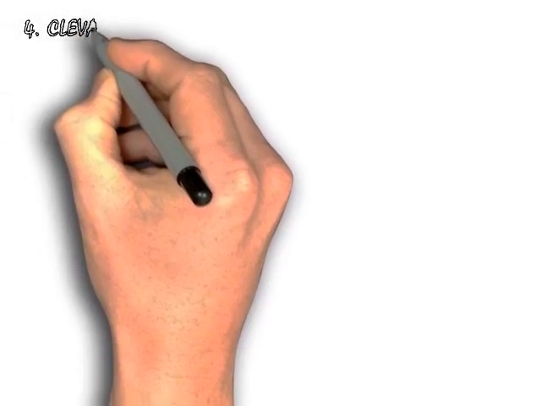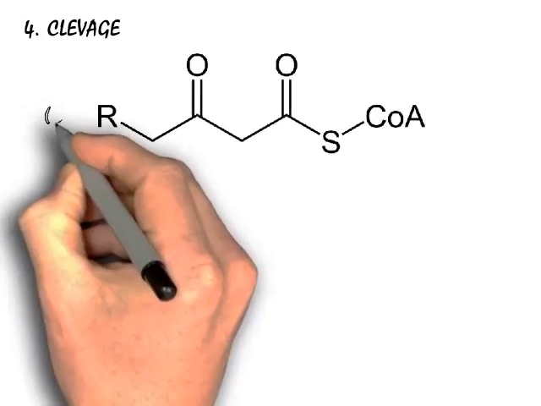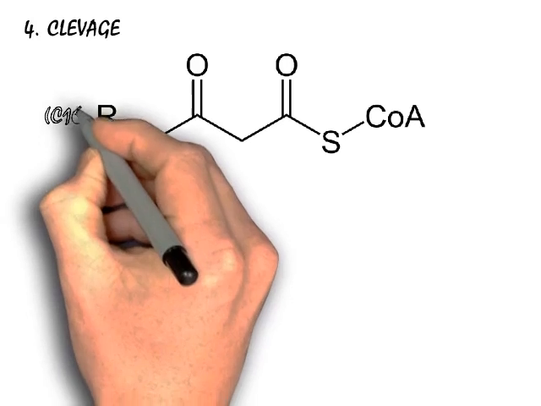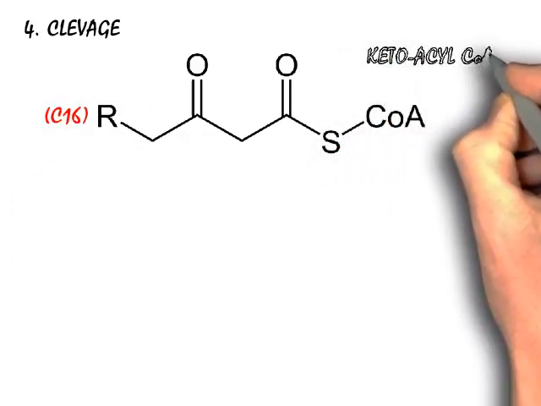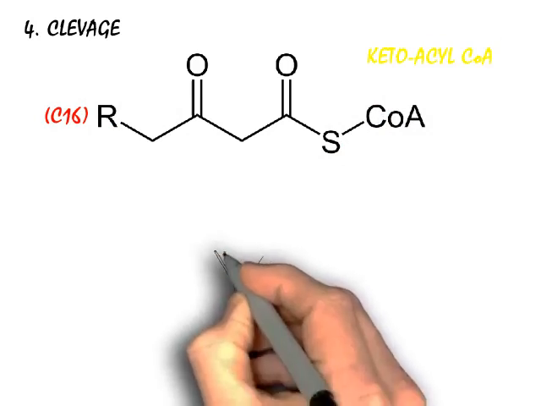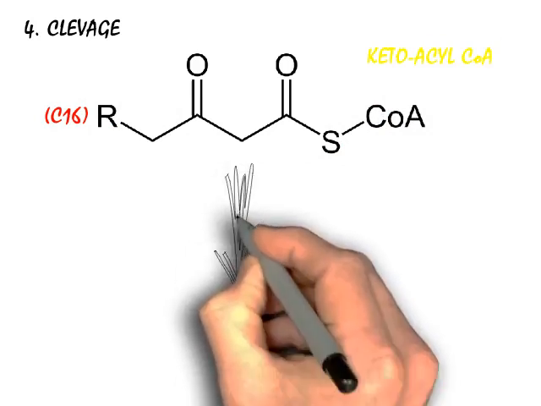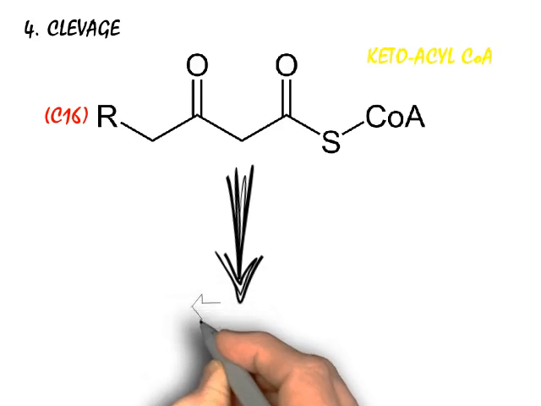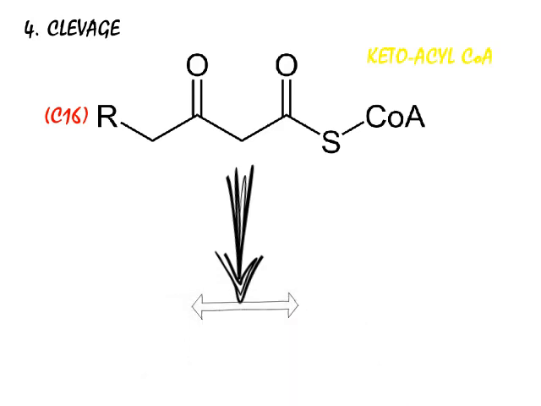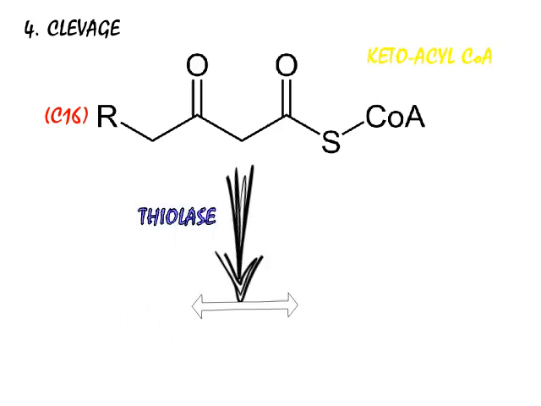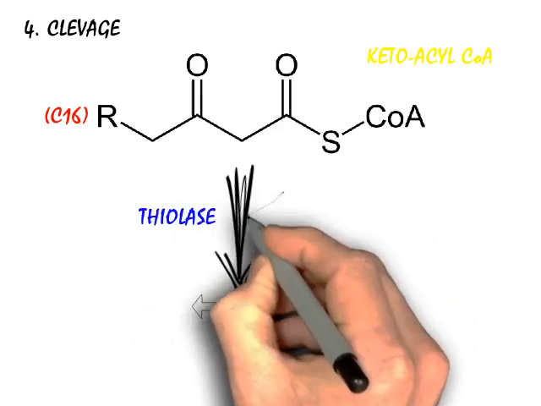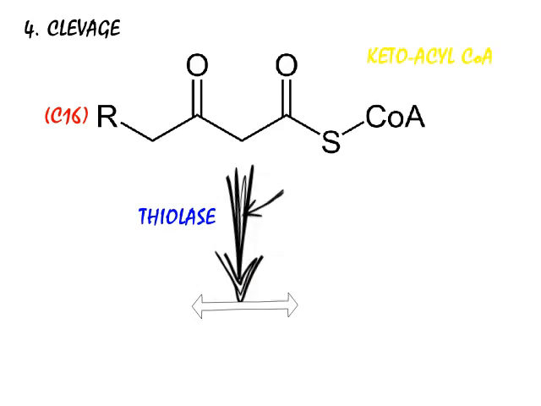And in the fourth reaction, that is the cleavage reaction, the beta keto-acyl-CoA, that is 16 carbon in length, gets converted into two products. That is, first it forms acetyl-CoA, and on the other hand, it forms the acyl-CoA that is 2 carbons shorter in length from the parent chain.